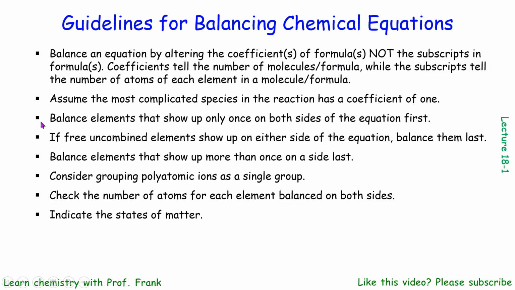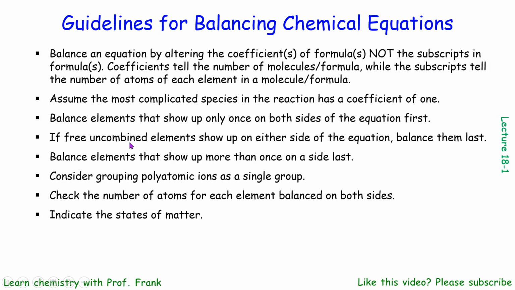Also, first, you should balance the elements that show up only once on both sides of the reaction. If you see uncombined elements show up on either side of the equation, you should balance them last.